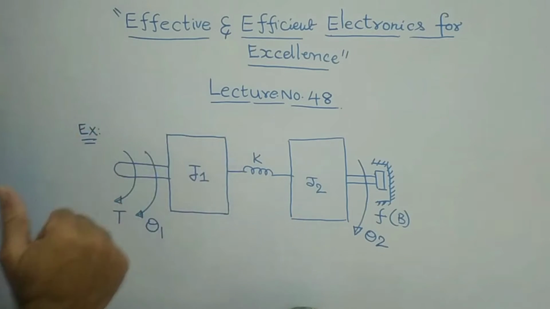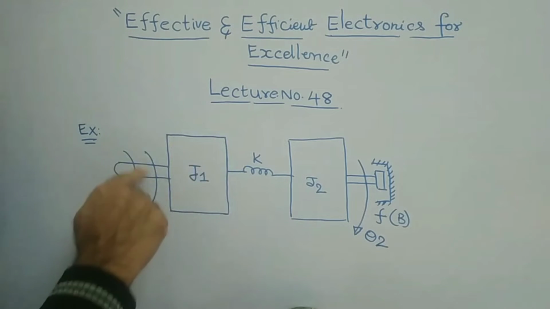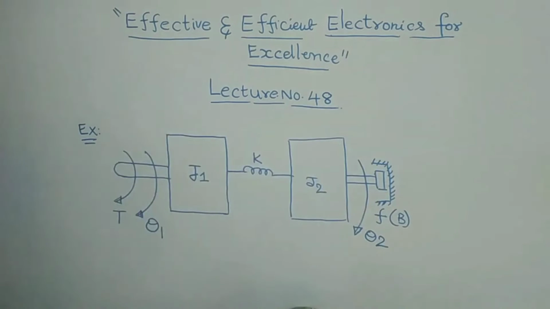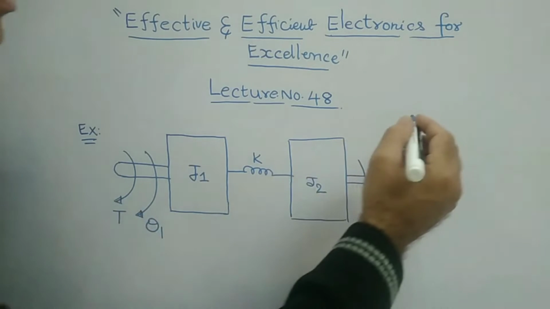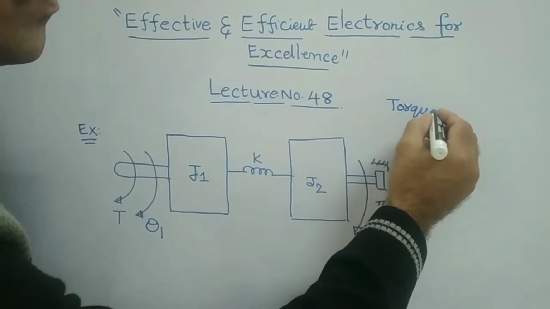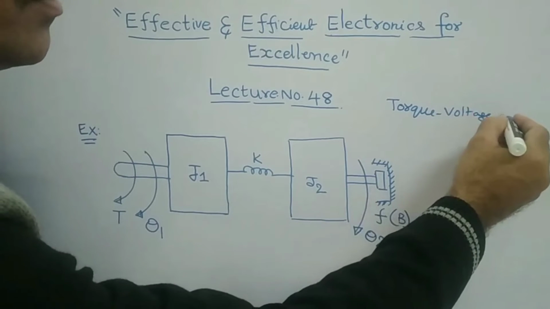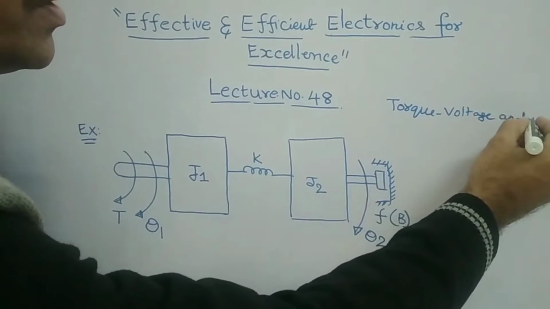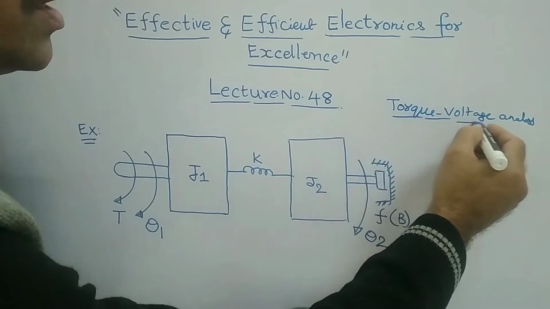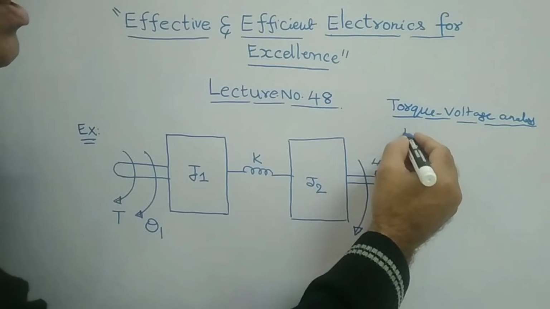So now my target is to convert this particular mechanical rotational system into its electrical equivalent using the torque voltage analogy. Now I am applying the torque voltage analogy. You must know first how the torque will be converted.